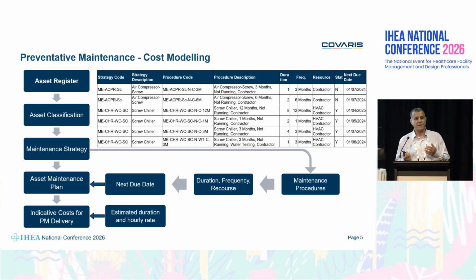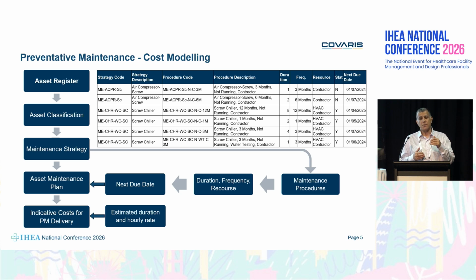After that, a bottom-up model runs on those assets that we identified. So we know the assets, we know the asset classification for each asset, and we have a preventive maintenance strategy in place. Let's say it's a chiller: every month you spend 2 hours, and for that you need an electrician, then every 6 months a fitter needs to spend 4 hours, and then you come up with the rate, if it's a contractor and so on.